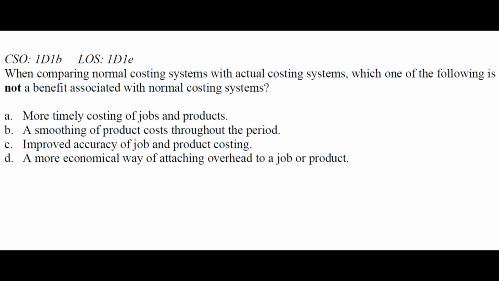The question asks for the statement that is not a benefit of normal costing. Therefore, students should identify which option does not represent an advantage of using predetermined overhead rates.